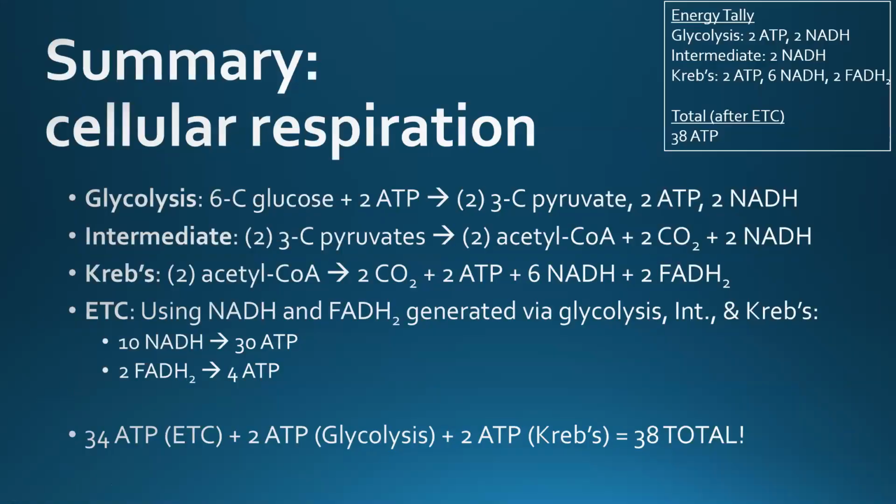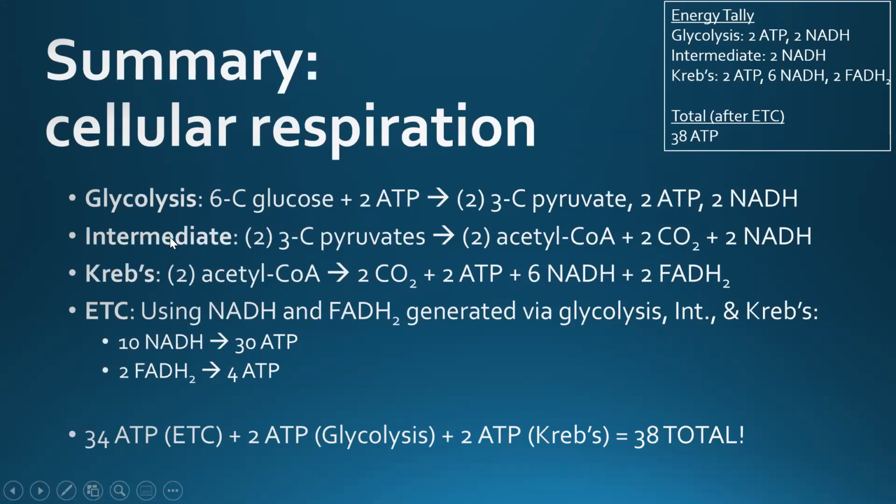All right. So again, another summary. Here we go. Without images, if you like seeing the words, which I know a lot of you do, okay, glycolysis, the 6 carbon molecule glucose will go with the 2 ATP that you start off with, will produce 2 3-carbon pyruvate molecules, 2 ATP, and 2 NADH.